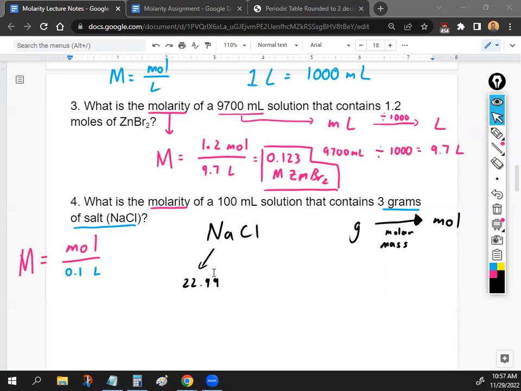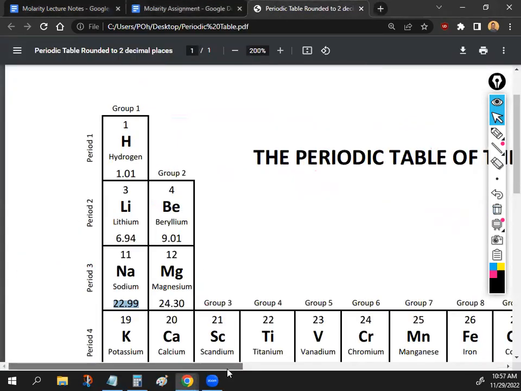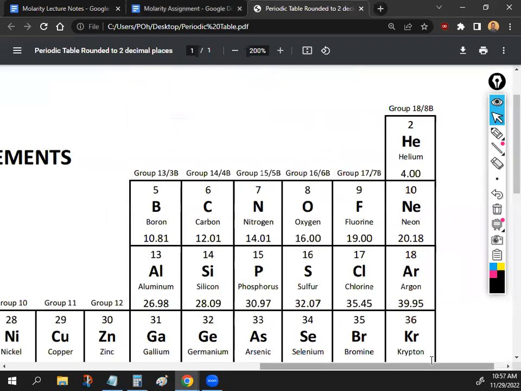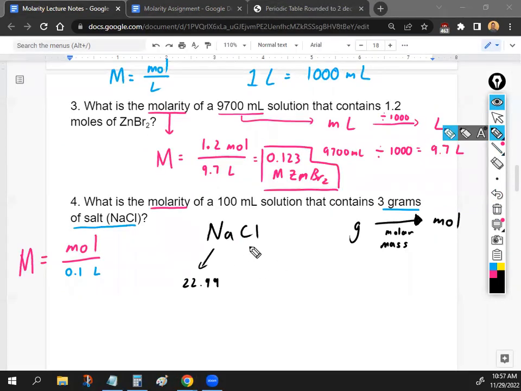Okay, and NaCl is made out of chlorine. So we're going to go to chlorine on the periodic table and look for its molar mass. What's the molar mass of chlorine? Yeah, 35.45. So we're going to plug that in right here, 35.45.